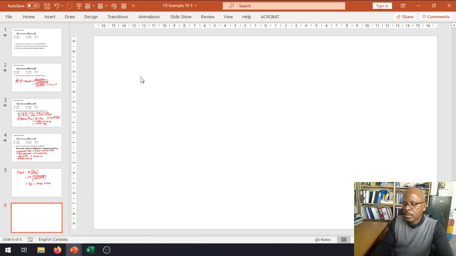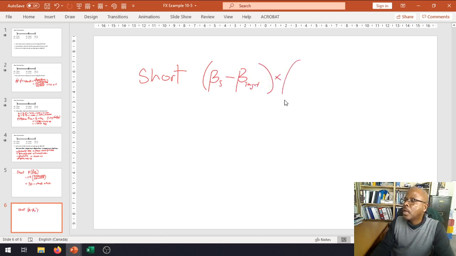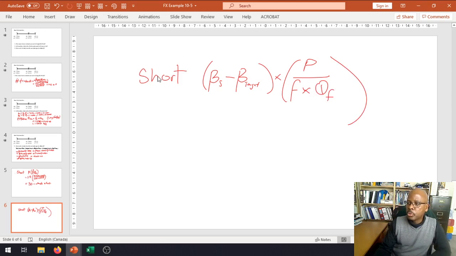The number of contracts you want to short is the current beta of your portfolio minus the target beta, all of this times your portfolio size divided by the futures price times the contract size of the futures market. So this is the formula that you would use, and this is what you would short.